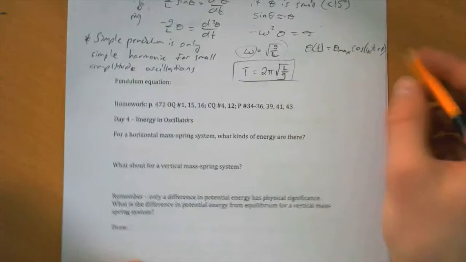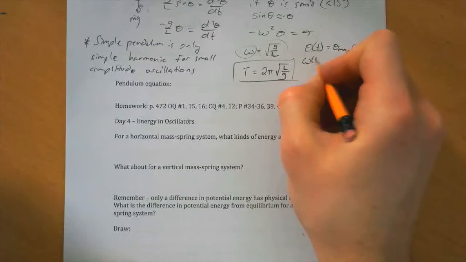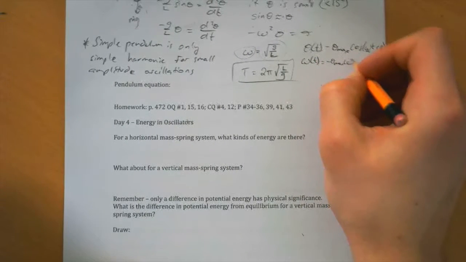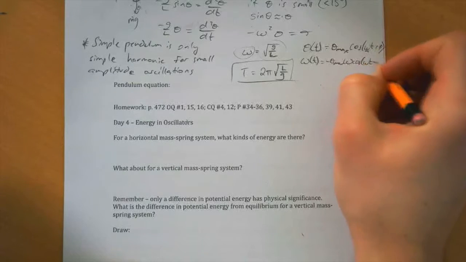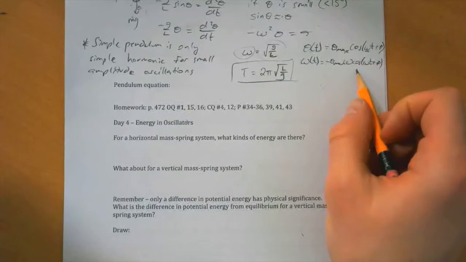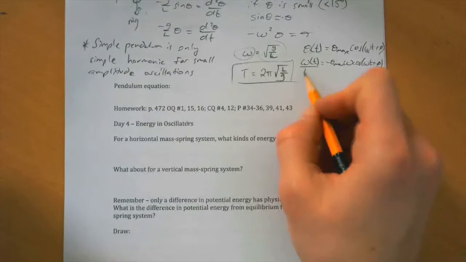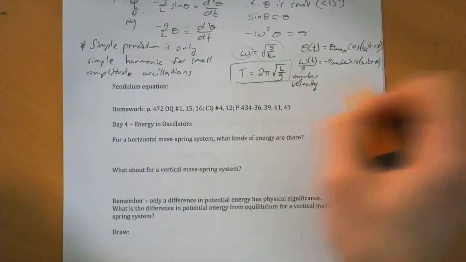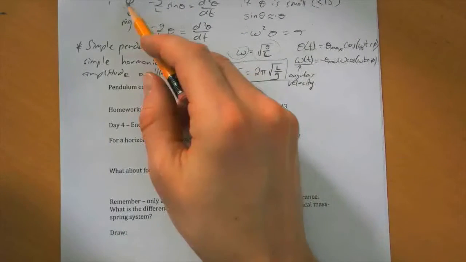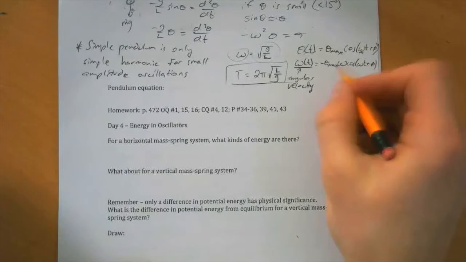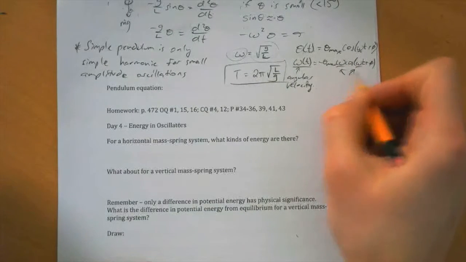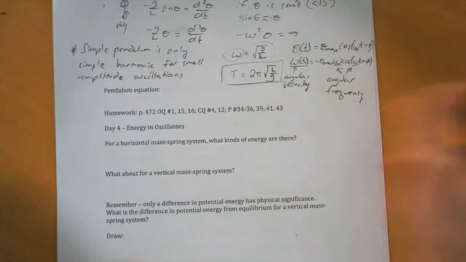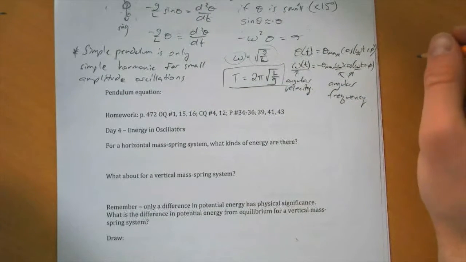If we then take a derivative of that, the angular velocity is equal to negative theta max omega cosine omega t plus phi. And now we've got a weird situation where this omega represents the angular velocity at any given time for the mass swinging back and forth, and these omegas over here represent the angular frequency that is equal to 2 pi over period.